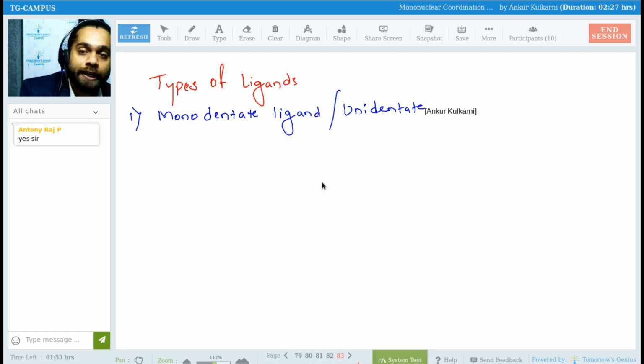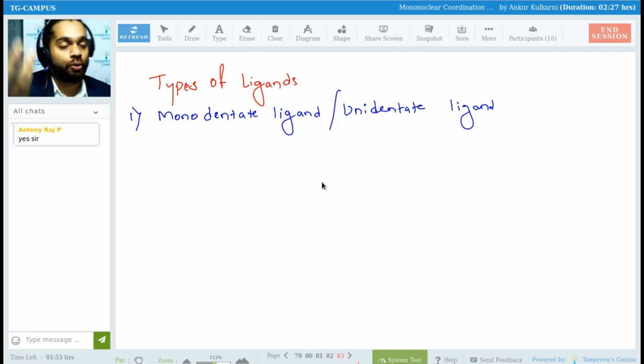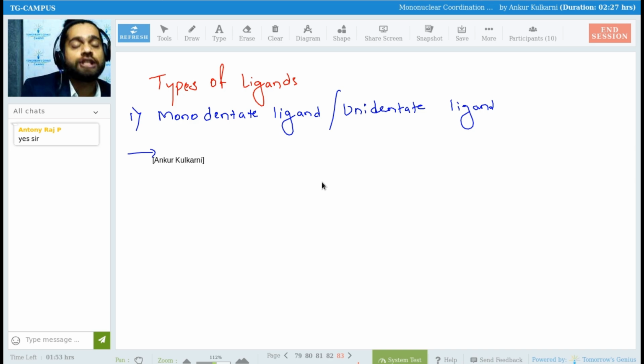Okay, monodentate or unidentate ligand. Simple. Mono means what? Simple. It is one. So it contains one donor atom, which gives you one electron pair.